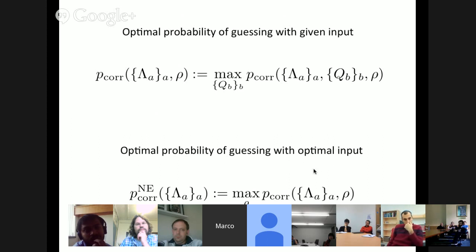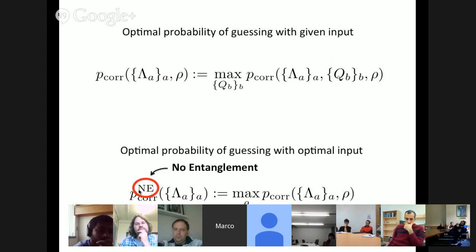So you have both optimal measurement at the output and optimal input. And what we reach is this probability of being correct that is associated just to the subchannels, so to the instrument. And here I have put an E, which stands for no entanglement. The idea being that so far we have not seen any entanglement having any role.